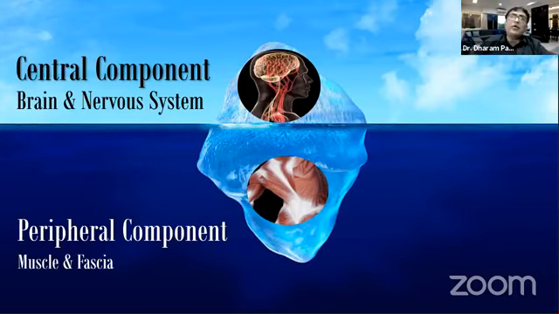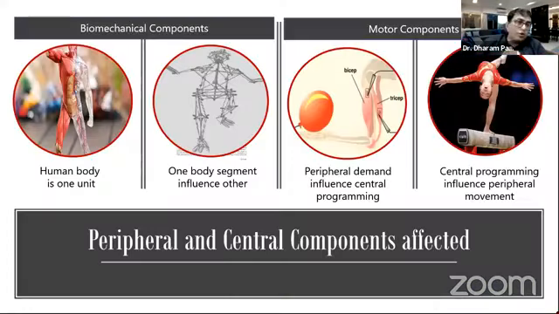Similarly, any neurological impairment will also have an impact on peripheral components like muscle and fascia, and those peripheral components will play a role. So the take home is that both central and peripheral components are important. While dealing with neurological patients, it is not necessary to focus only on motor control; definitely we need to focus on the peripheral component also, right?